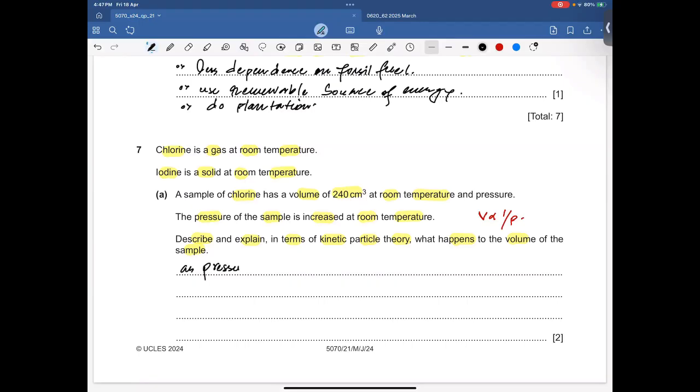As pressure increases, gaseous molecules are compressed. Molecules come close together.